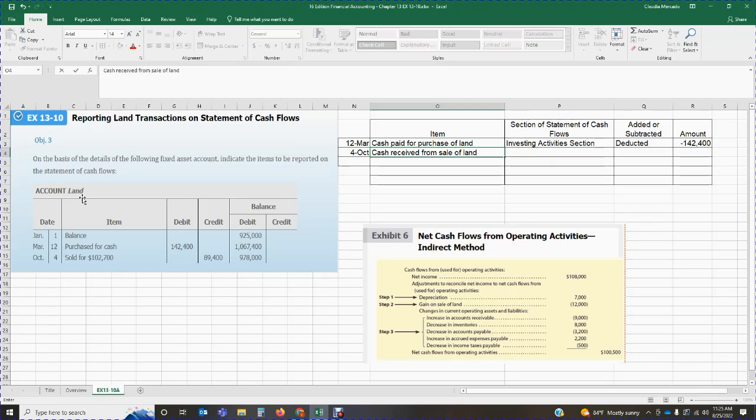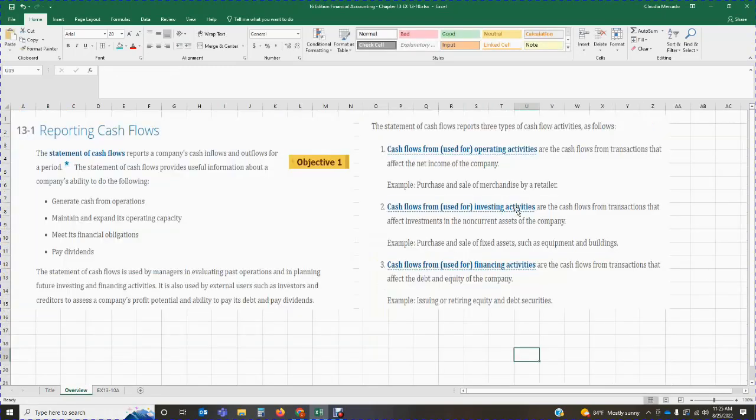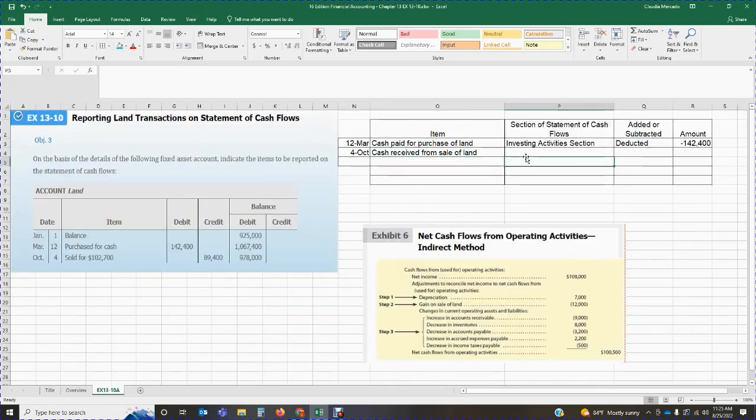So we sold the land for $102,700. If we refer back to our investing activities, it says that we need to record either purchases or sales of fixed assets under the investing activities. So this transaction is also going to be reported under the investing activities section.